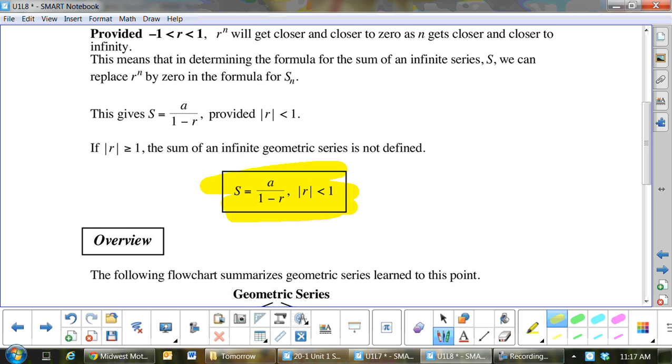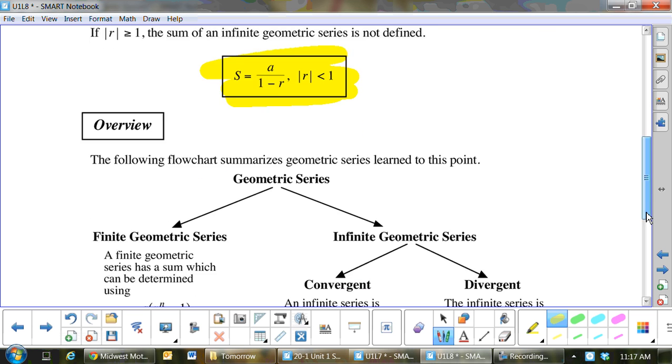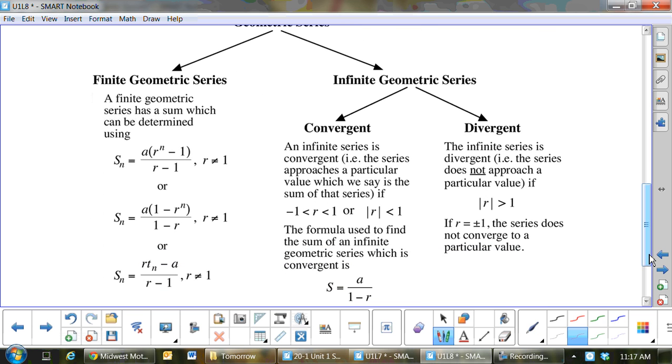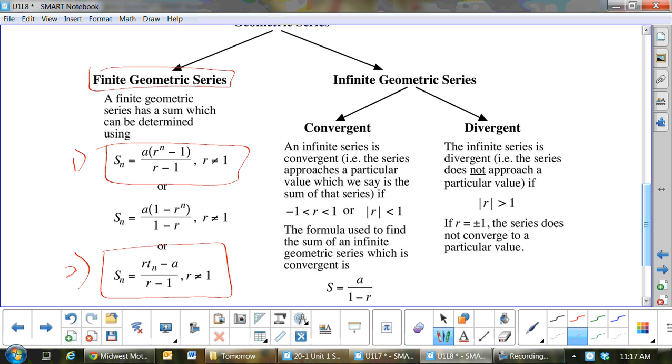Okay? Now, there's actually, you could use two formulas. You could use this formula here as well and just put like 100 or 200 as the n. And I'll show you later how that works. So this is for finite geometric series. We will use either of these two. Now, I don't like that second one because they just switch the 1 minus r to the n and r to the n minus 1.